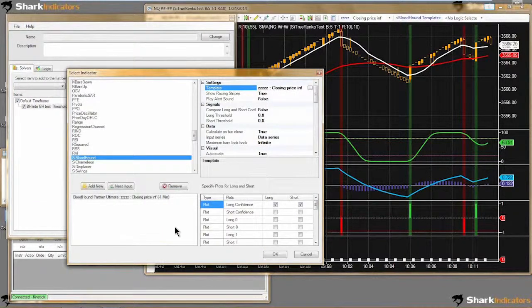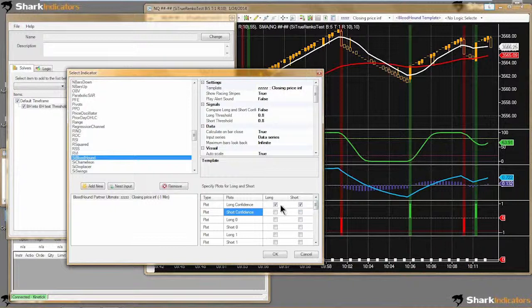Okay, and so here are the green and red plots that we see on the chart. The long confidence plot here are the green signals, the long signals, and the short confidence plots are the short signals.